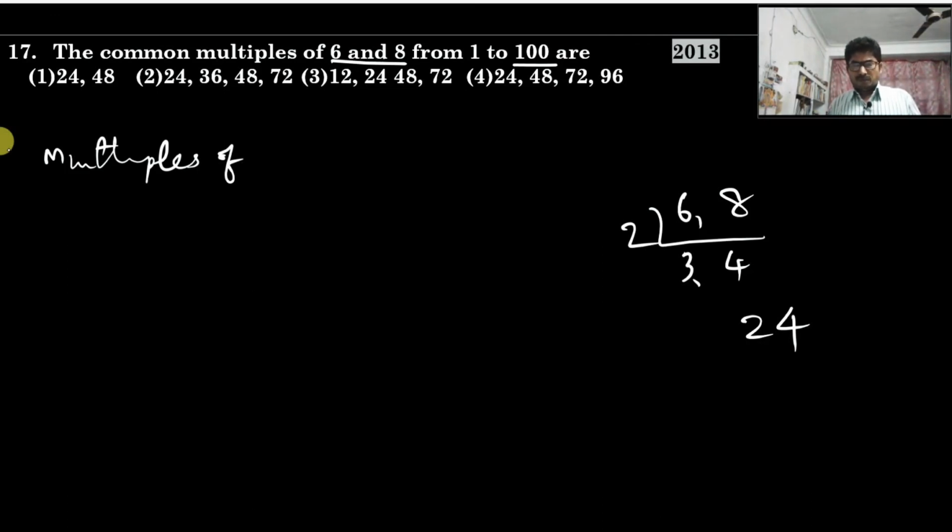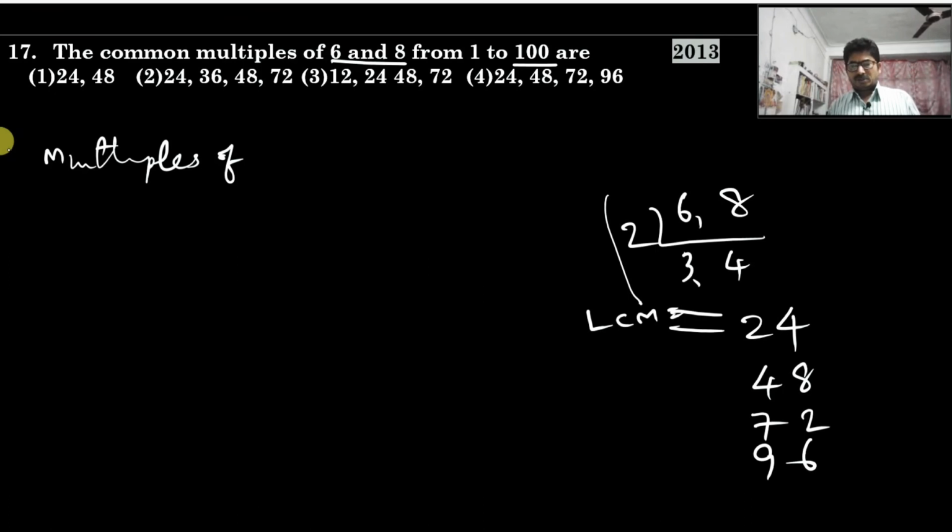Taking this, we can write 24, 48, 72, 96. So first we have to find the least common multiple, that means LCM. LCM of this is 24.